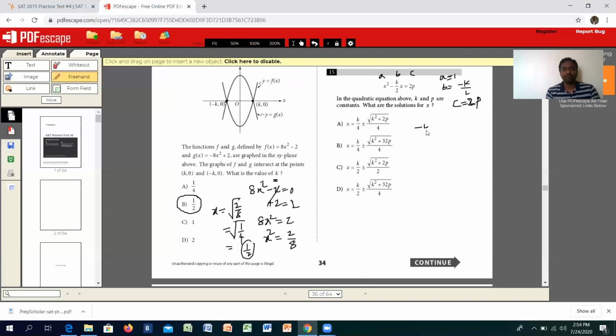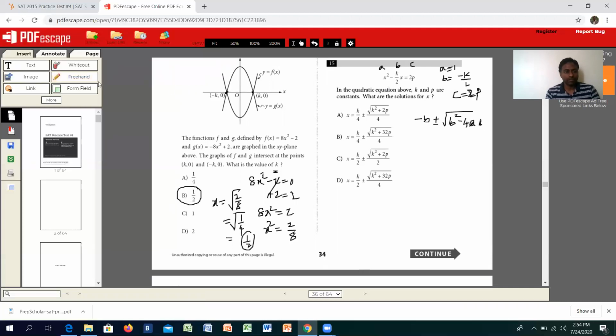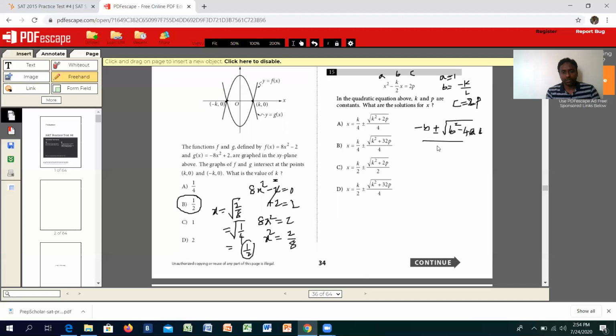So what is the formula that we have? Minus b plus or minus under root of b squared minus 4ac, divided by 2a.